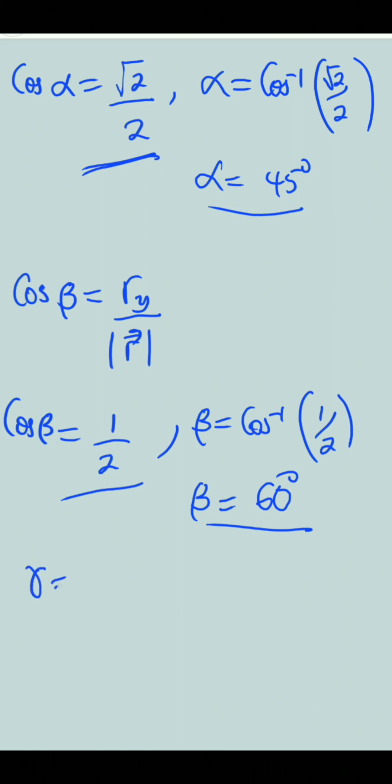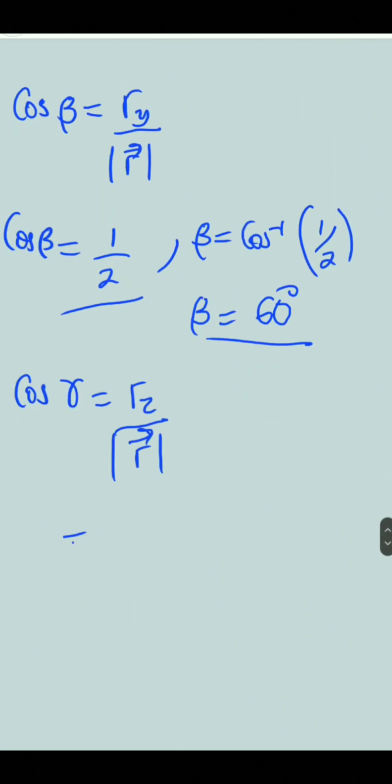Now we find the direction cosine for gamma, or for the z-axis. Gamma's direction cosine is the z component divided by the magnitude of our vector.